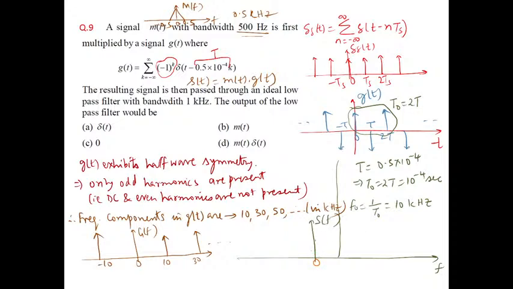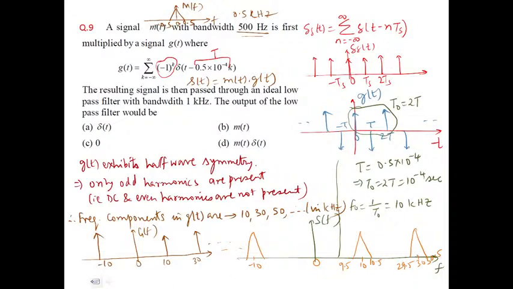You won't get any component around DC or around 0 Hz. There will be components around 10 kHz. Since the bandwidth is 0.5 kHz, the signal will be available between 9.5 and 10.5 kHz. Then the signal will be available around 30 kHz, between 29.5 kHz and 30.5 kHz, and so on.